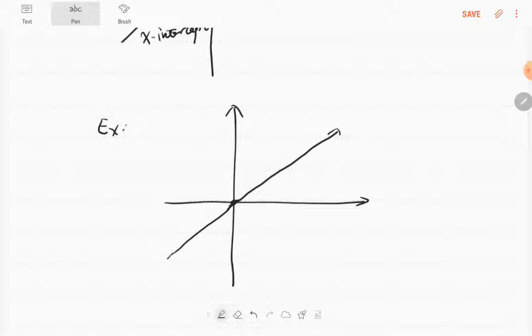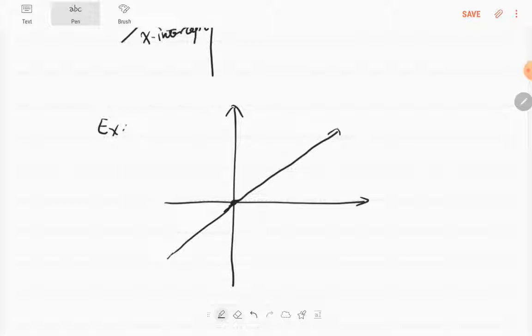Now we want to know the x-intercept and the y-intercept. By the definition, what is the x-intercept? For the x-intercept, we set the y value equal to 0. But if the y value is equal to 0, in this case, the x value is also equal to 0. That's the origin, right?